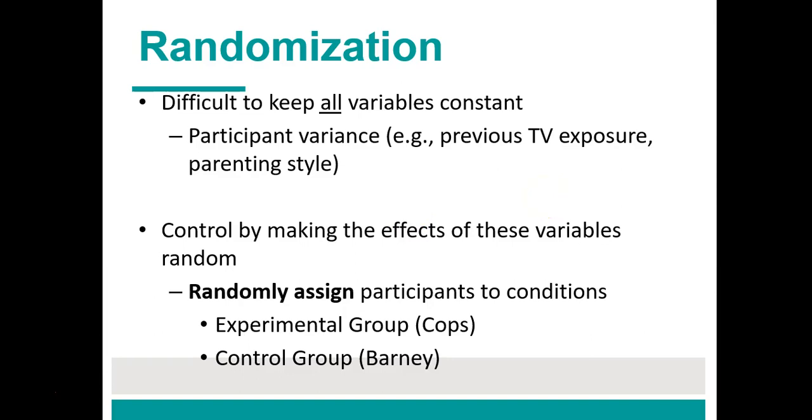And so what we do is we use randomization. That's the third must of an experiment, is that we try to control all of these participant variables by randomly assigning participants to groups. So in this case, we've got two groups. We've got our COPS group and our Barney group.